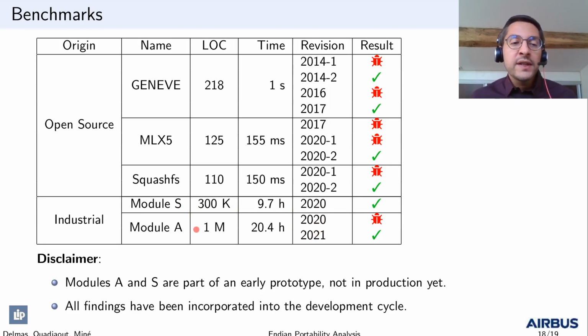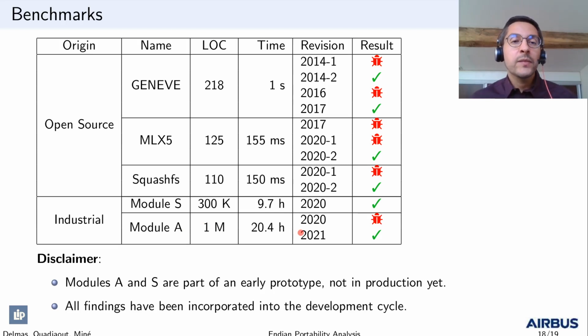Note that the analysis of module A was performed before it was integrated into the simulator. And all findings have been incorporated into the development cycles. As a result, the simulation team were faced with zero Endian portability issues when integrating module A into their simulators for the first time.